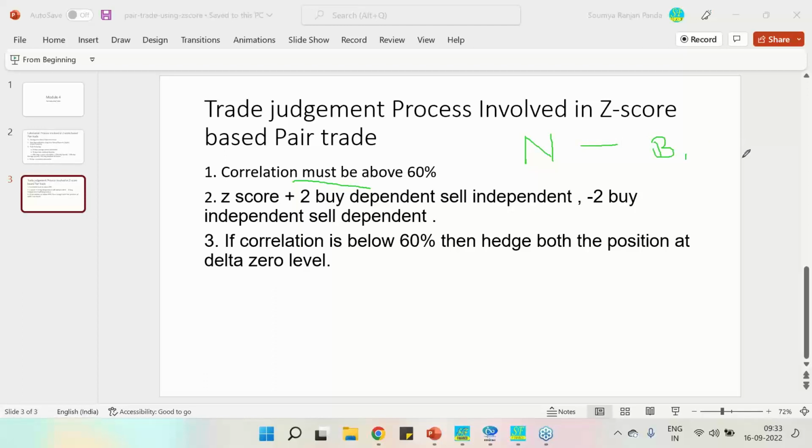Nifty has an independent view because Nifty is not a sectoral index, Nifty consists of everything. Whenever the Z score is plus 2 for the dependent, against Nifty, we have to buy the independent and sell the dependent. Minus 2, buy independent, sell dependent.